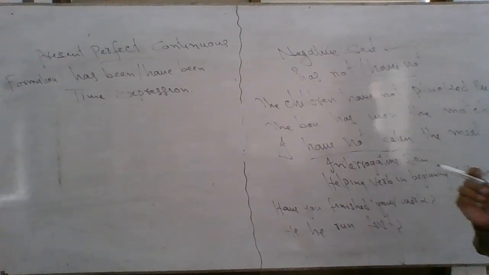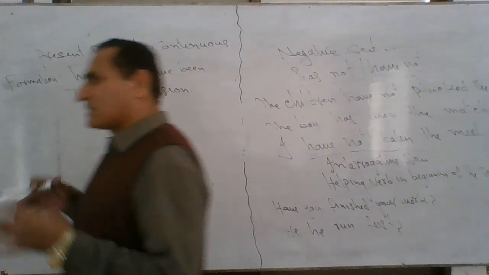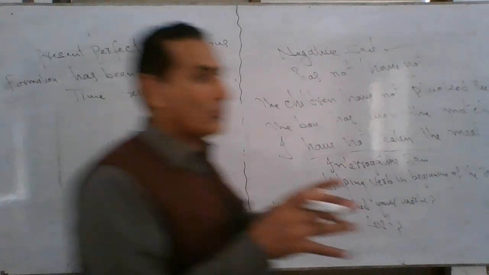And for example, if someone says that something or someone or some happenings or some action is continued since 1994, clear? So 1994 exact time is there. Names of the days, names of the hours or the minutes. And if a specific time is given to you, so we use since.